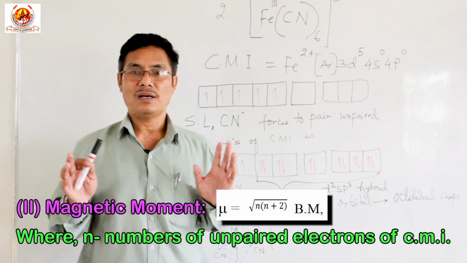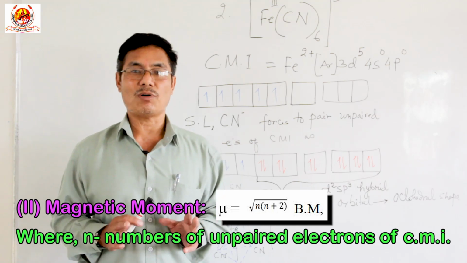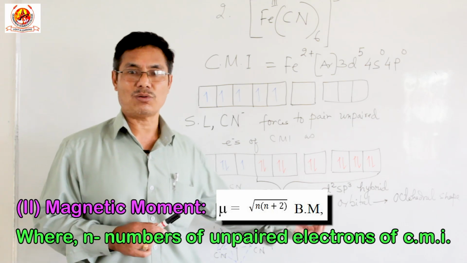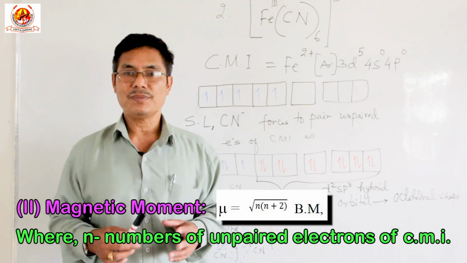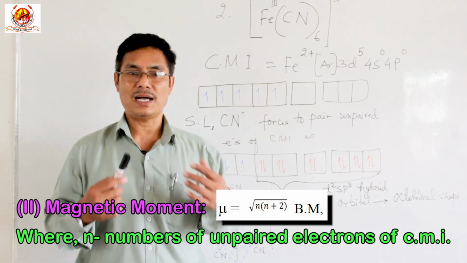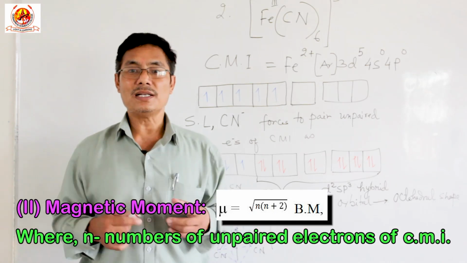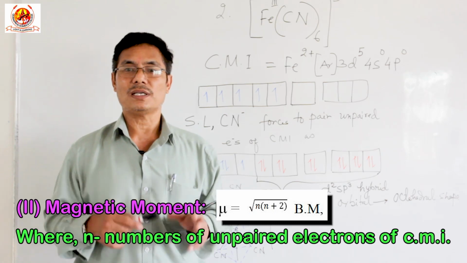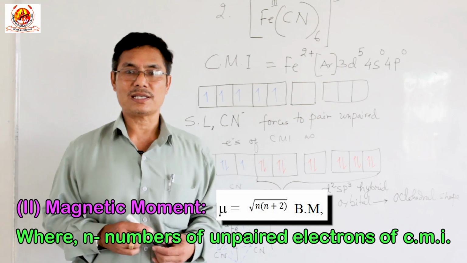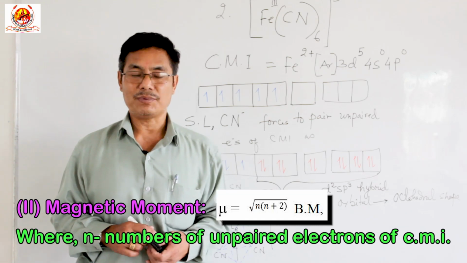If there is no unpaired electron, it shows the magnetic moment 0. But here one unpaired electron is present, so it gives a non-zero value. The magnetic moment of the compound is non-zero, that is, mu is not equal to 0. It will come to root over 3 after the calculation using the formula I have given.